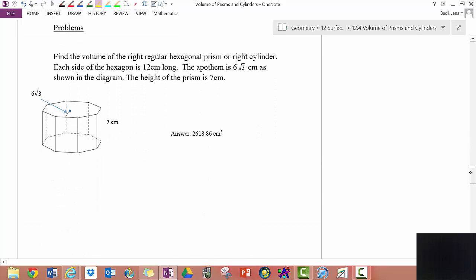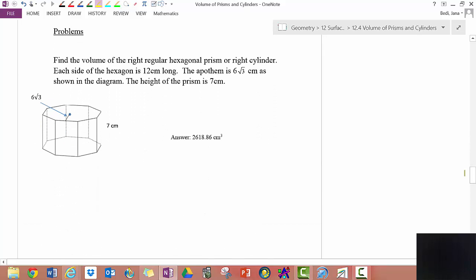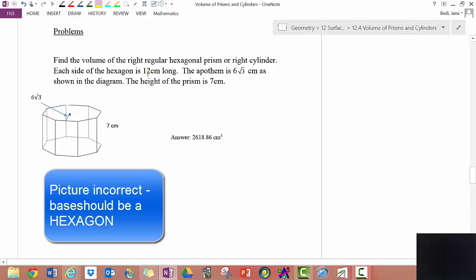Okay, problems. Find the volume of the right hexagonal prism or right cylinder. Right cylinder is the next problem. Each side is 12 centimeters long. The apothem is 6√3. This is the apothem here.